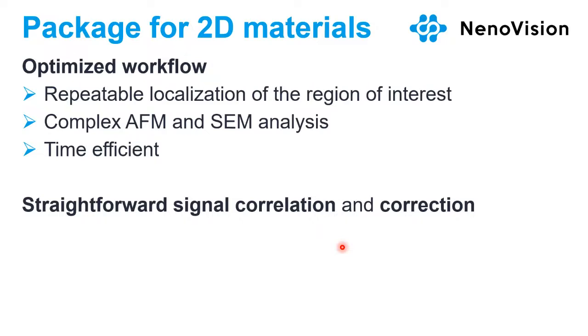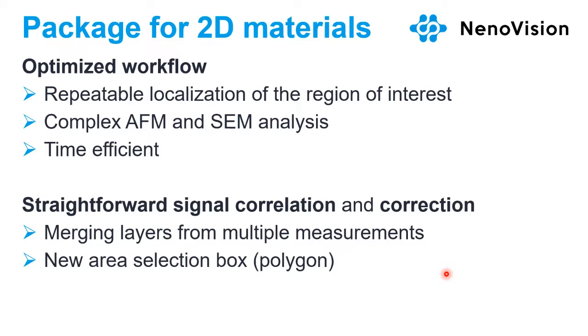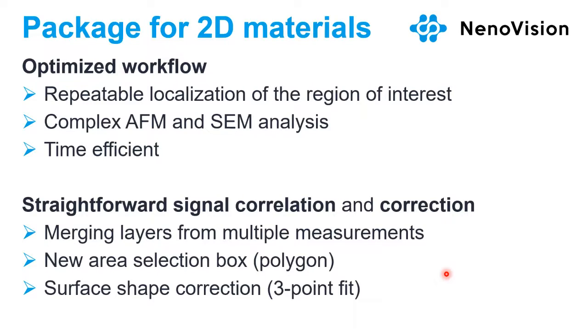I showed a straightforward signal correlation and correction, that we are able in the same software to merge layers from multiple measurements, select a box, a new area selection box that is polygonal, or correct the surface shape by 3-point fit, which can be beneficial if we have some different structures in the same area.